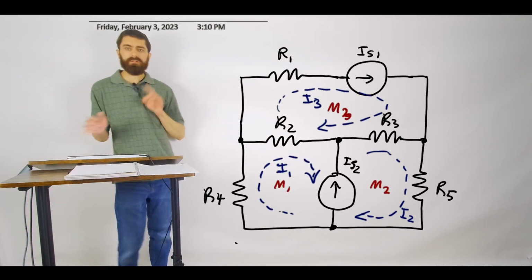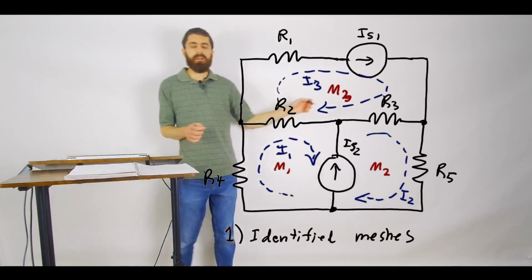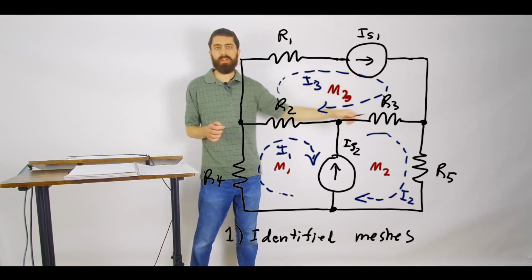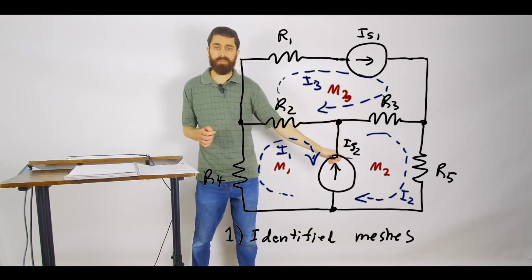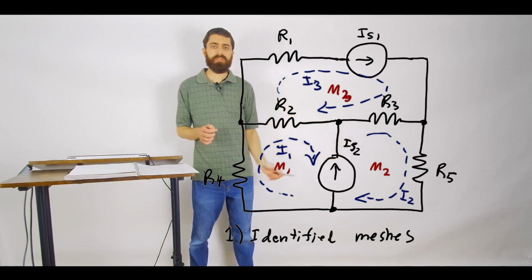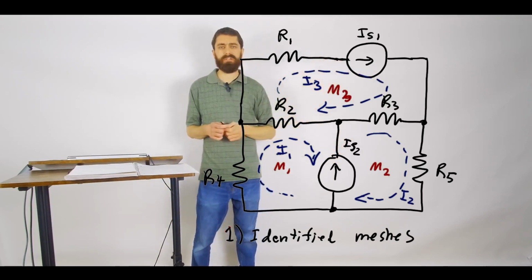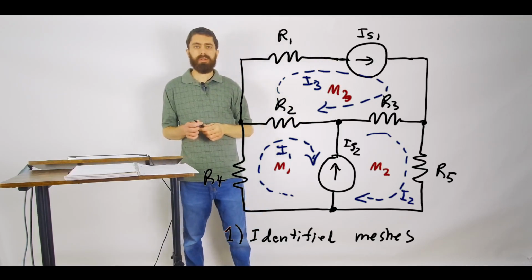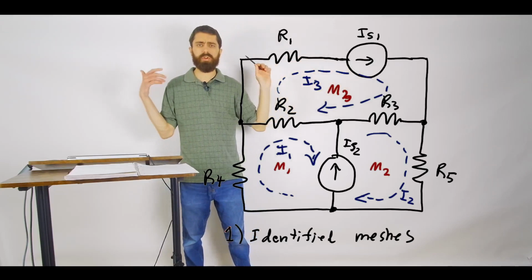Now, before we do that, I want to point out something. We can go ahead and apply KVL to each mesh, but one thing you'll notice is that we run into these current sources, and we don't really know the voltage across them.